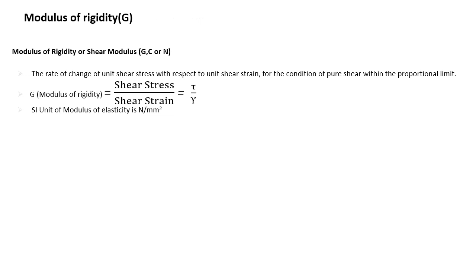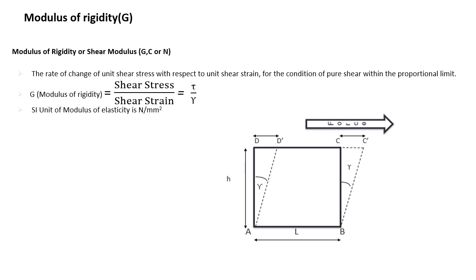Next term, modulus of rigidity. Modulus of rigidity or shear modulus is denoted by capital letter G, C or N. It is defined as the rate of change of unit shear stress with respect to unit shear strain for the condition of pure shear within the proportional limit.